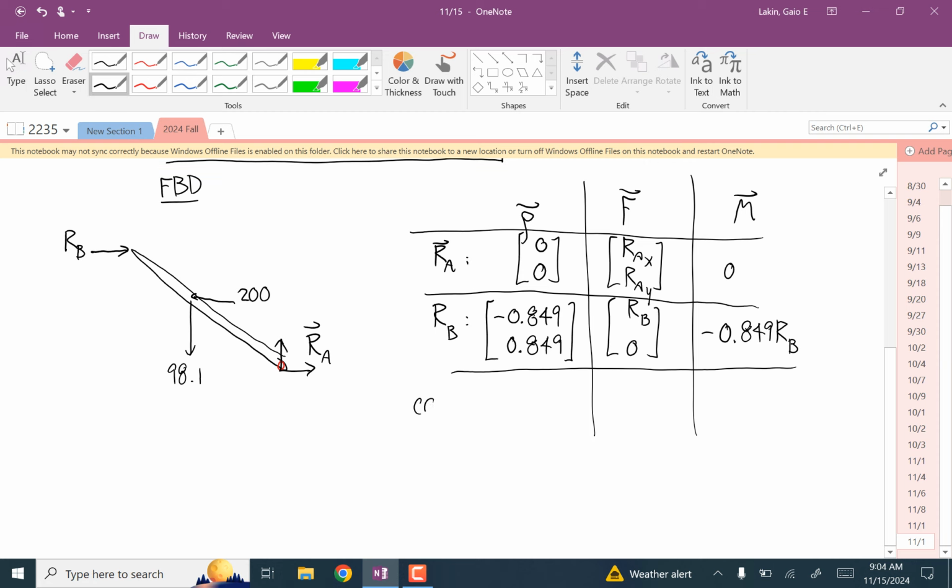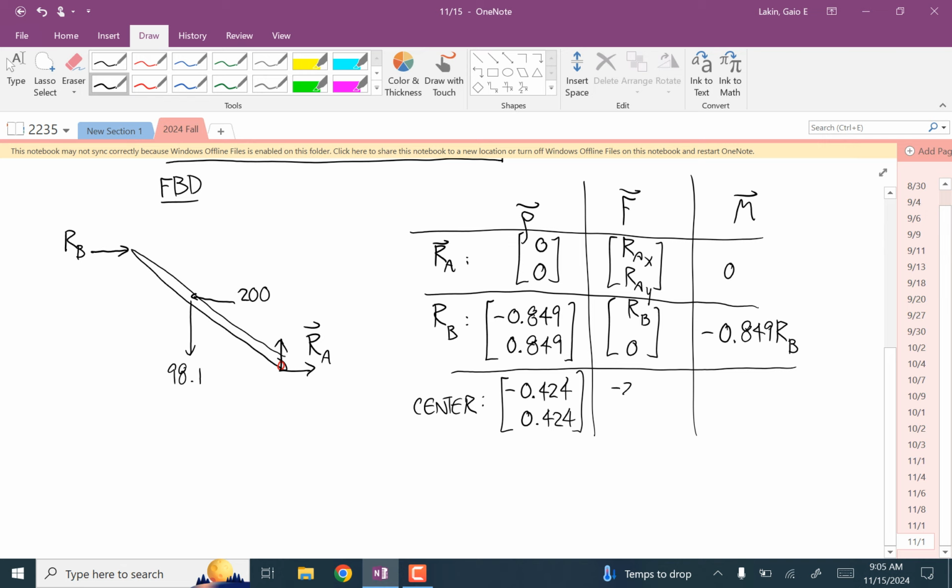And then at the center, since these are at the same spot, I'm going to just lump these into one force. We have a rho vector of negative 0.424, positive 0.424. Since that's at the midpoint of these other 2 points I already did, I can just take the average of those two to find the rho vector of the one in the middle. So that's what I did there.